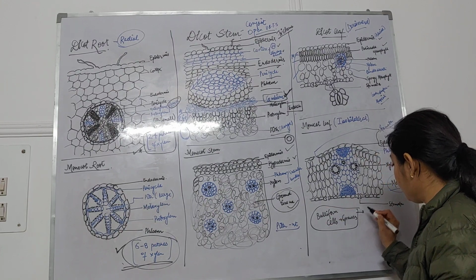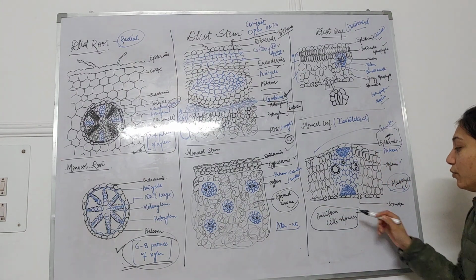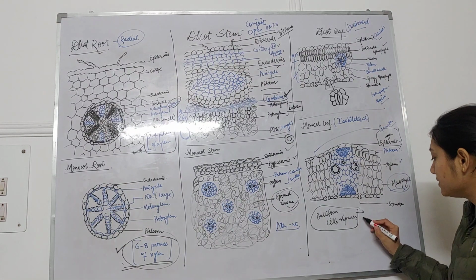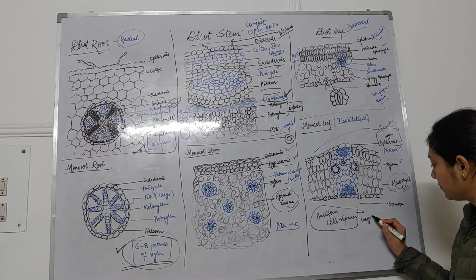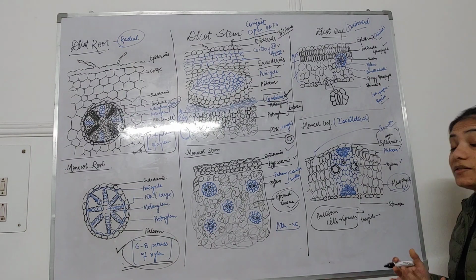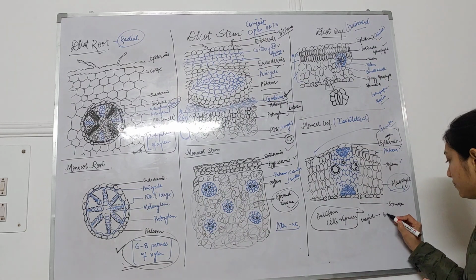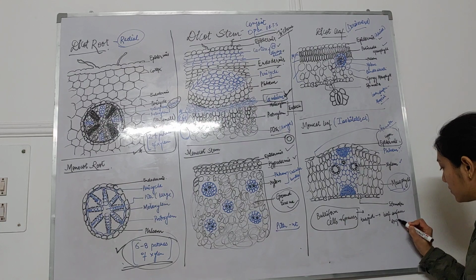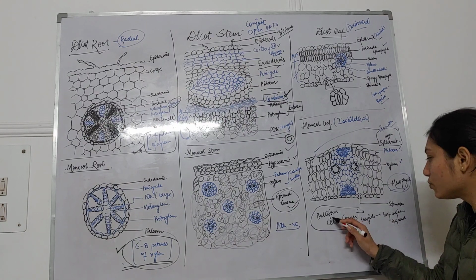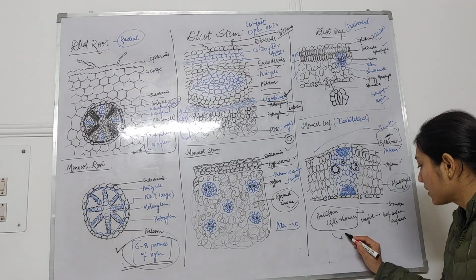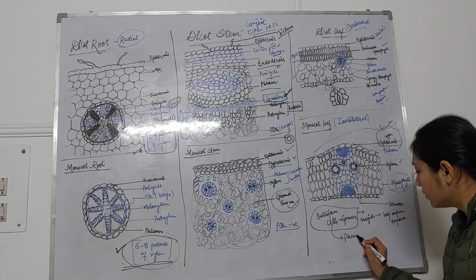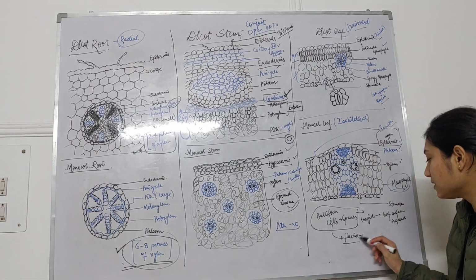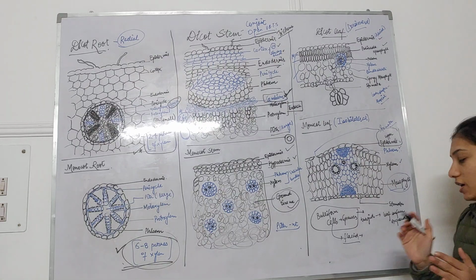Whenever bulliform cells absorb water and are turgid in nature, the leaf surface is exposed. Whereas whenever bulliform cells are flaccid, or there is a deficiency of water in them, then the leaf shrinks.